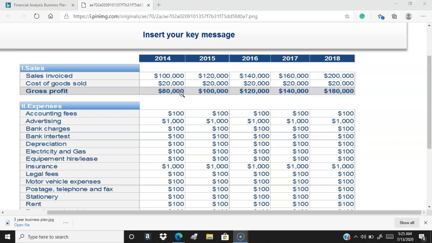Now, in previous videos, I showed you how to come up with that cost of goods sold. So you have to go into previous videos and see how that works on how much you're actually going to put. And so that bottom amount that you took from that video is actually going to go there, and then your gross profit is that amount.